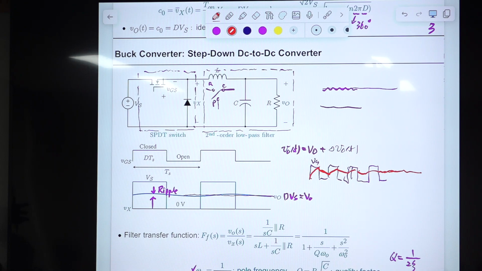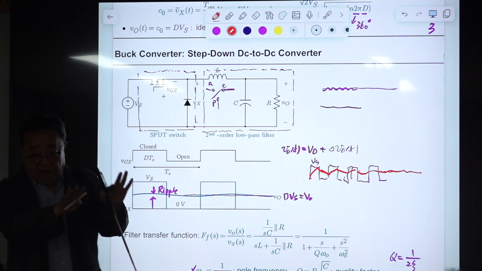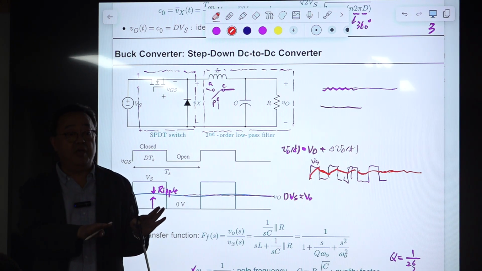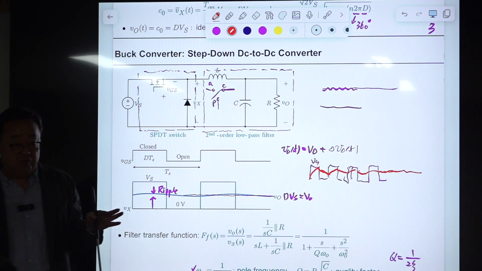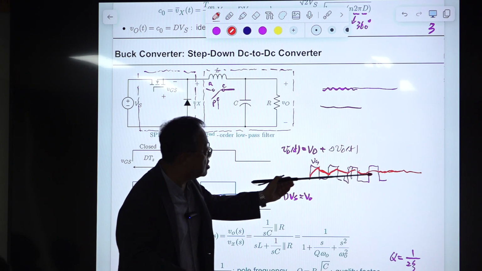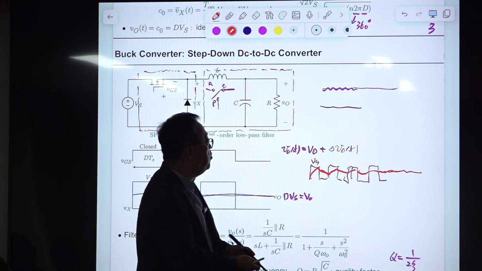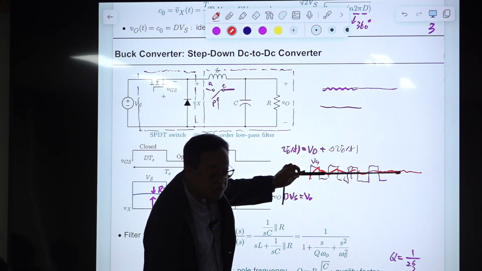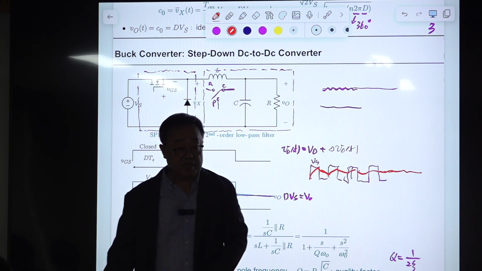This is the averaging effect of the low pass filter. In terms of frequency domain, it attenuates higher order harmonics. In terms of time domain interpretation, it takes the average value, with some finite ripple because of these characteristics. So with an ideal low pass filter, the average value of this appears directly. That is the ideal case.